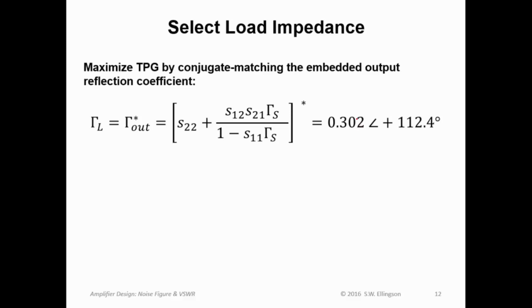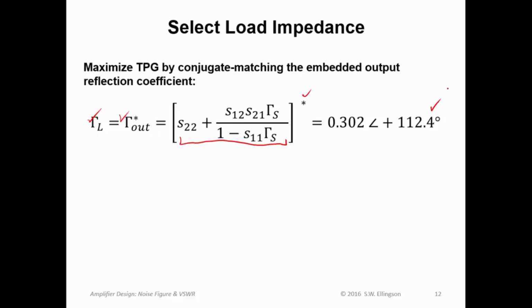I maximize gain, and by that I mean specifically TPG, transducer power gain, by conjugate matching the output embedded reflection coefficient. No surprise there. So the load reflection coefficient should be the conjugate of gamma sub out. Gamma sub out, the embedded output reflection coefficient, is this thing. So I simply calculate that and conjugate it, and here is the load reflection coefficient.